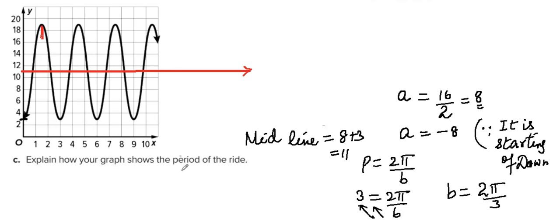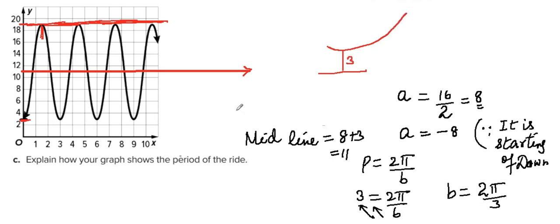Wait, let me check. It started from 3 because this is already 3 feet above the ground, and 3 plus 16 is 19, so it will go up to 19. The wheel is going like this, right?